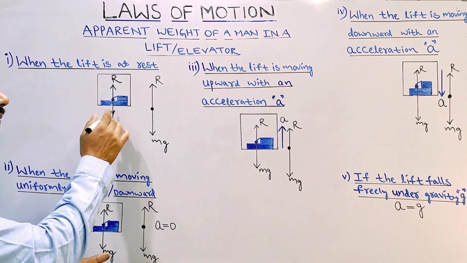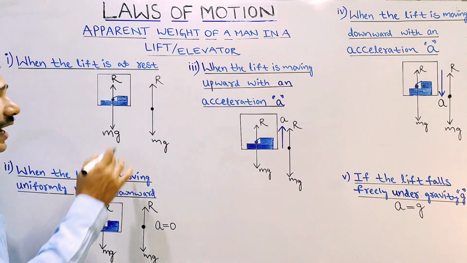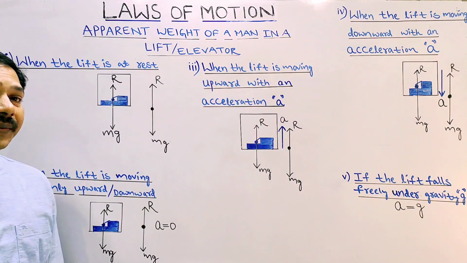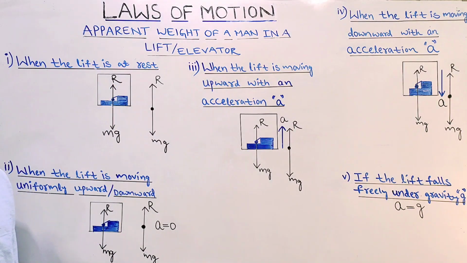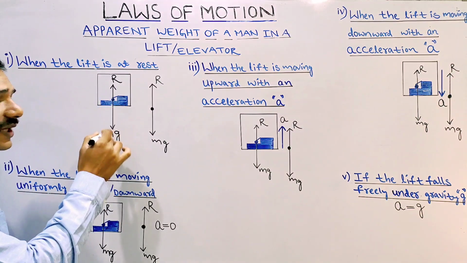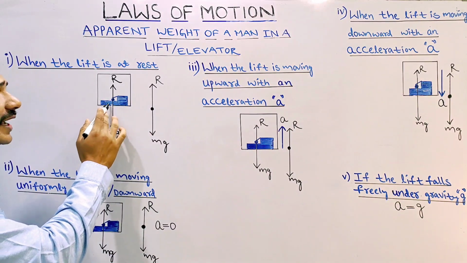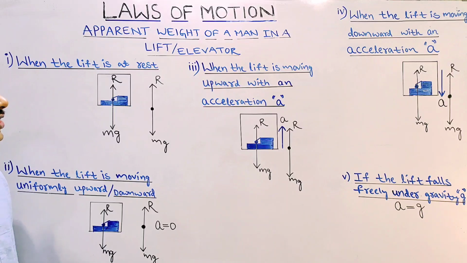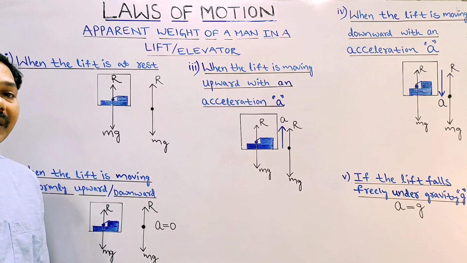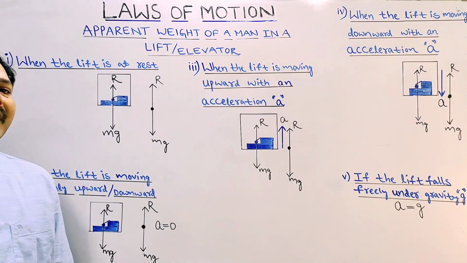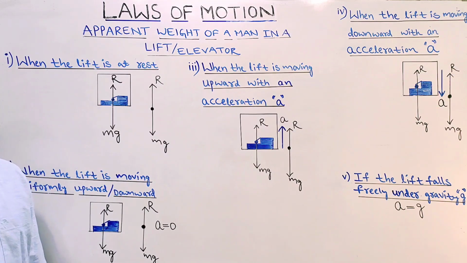At the same time, the weighing machine exerts some force upward, which is action and reaction. The person is standing on the weighing machine, so the weight of the person acts vertically downward, and the weighing machine exerts a force against it. The person's weight is the action, and the force against it is the reaction, an action-reaction pair.